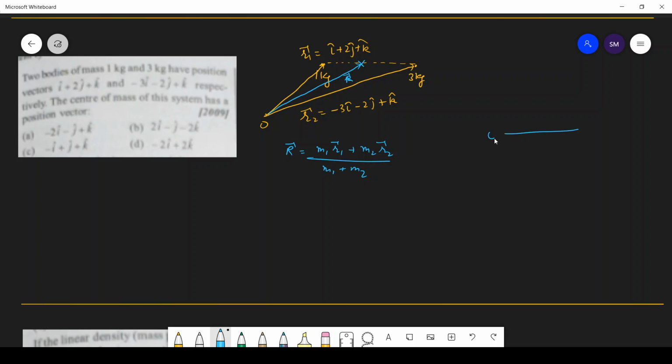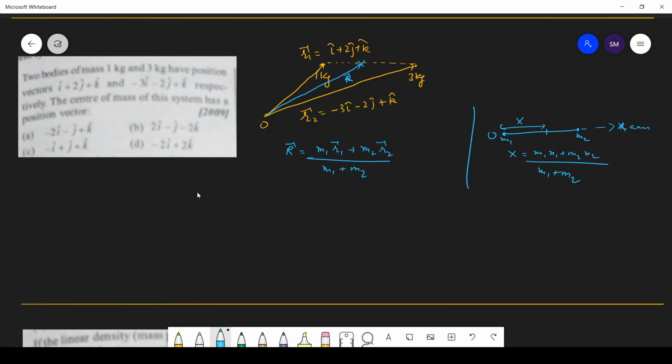If the origin was here and it was along the x-axis, the formula at this position, at a distance x, is x equals (m1 x1 + m2 x2) divided by (m1 + m2), with m1 here and m2 here. But if the position vectors are given to us, this is how you need to do it.